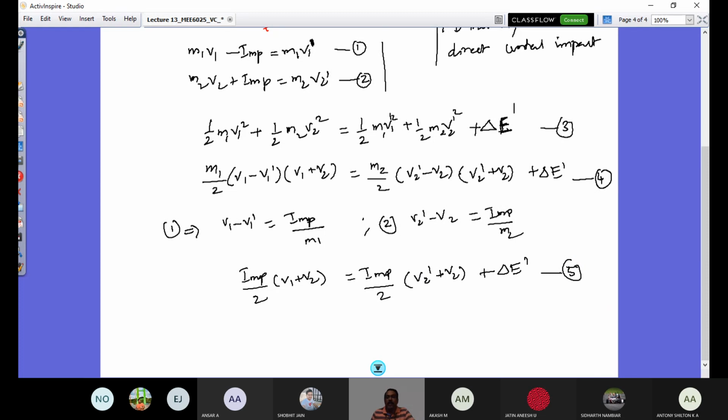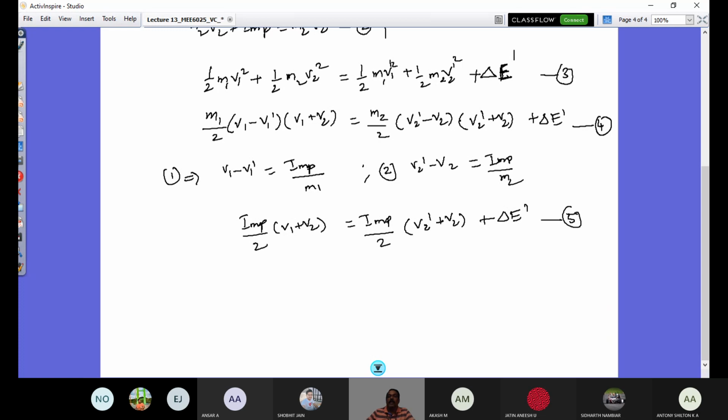Now to get delta E dash, let us take this term to the other side, holding delta E dash on one side and bringing these two terms together. What would happen now? This becomes minus on this side.